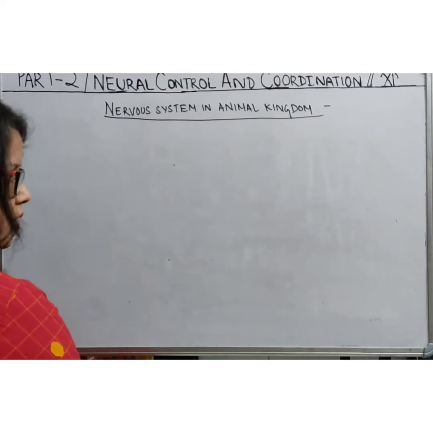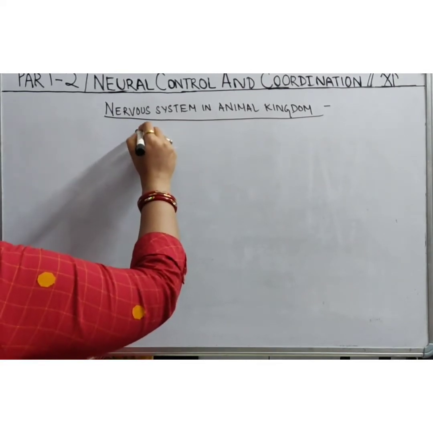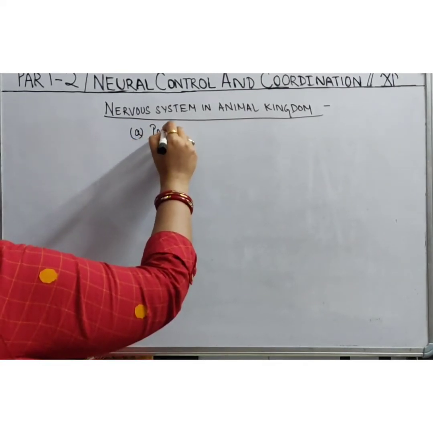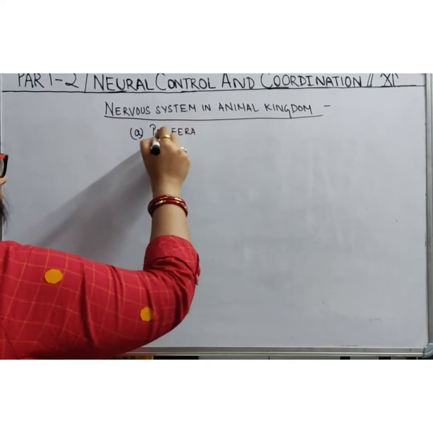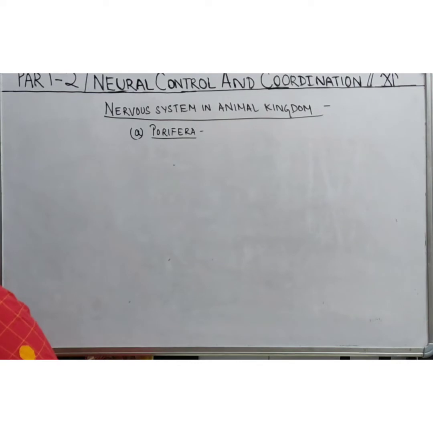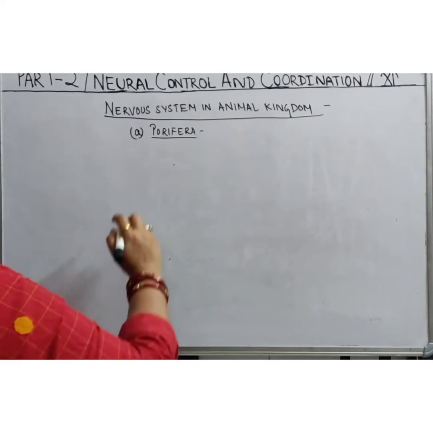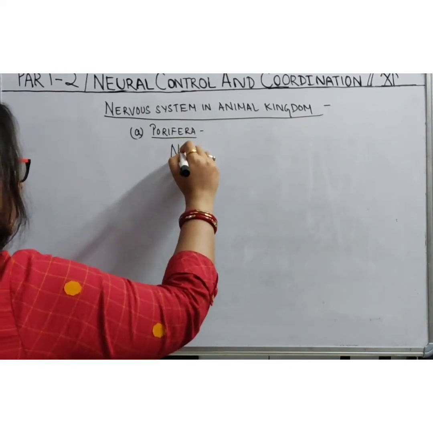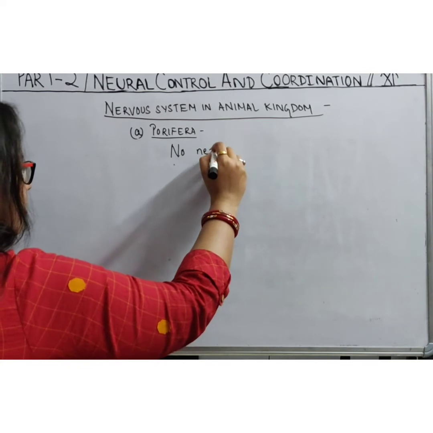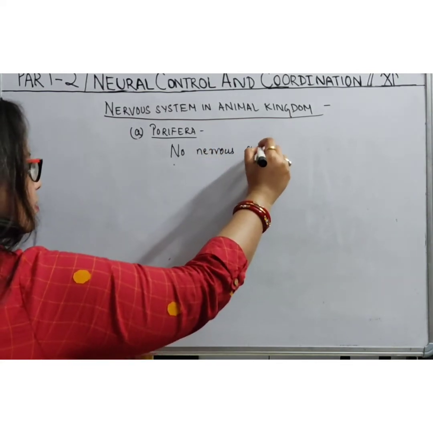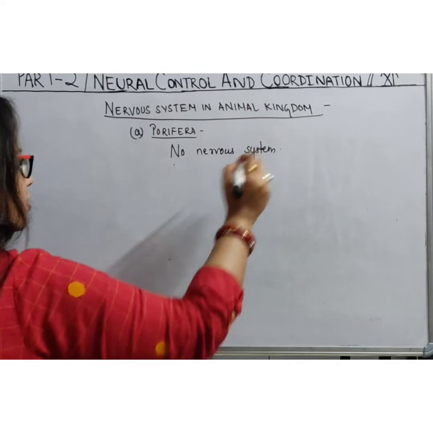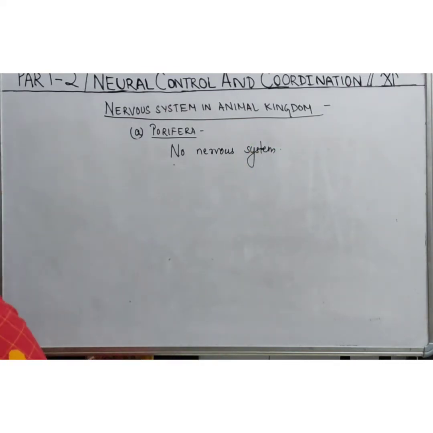There are different types of animal groups, and the first division in the animal kingdom is Porifera. It is the lowest organism, like the sponges, and they do not have any nervous system. So it's easy to remember: no nervous system in Porifera.